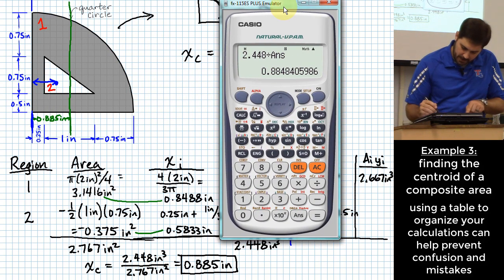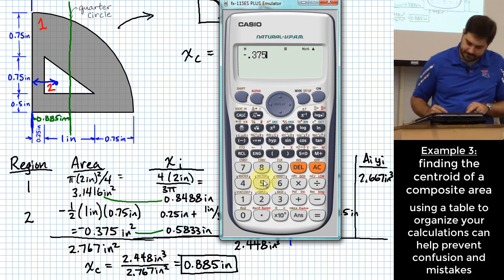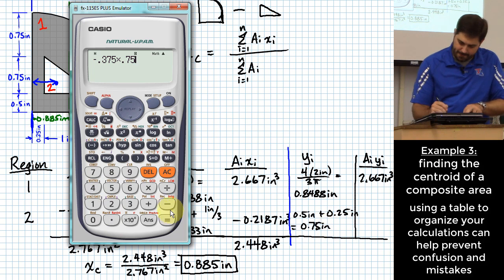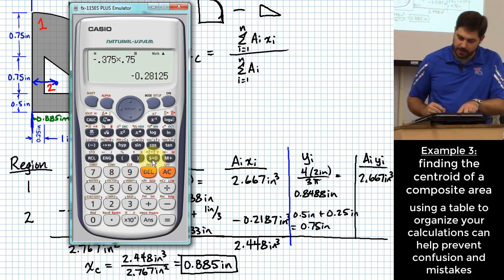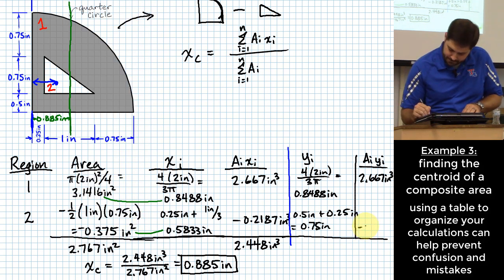Next one I'll have negative 0.375 times 0.75, and this will give me negative 0.2813, we'll say, inches cubed.